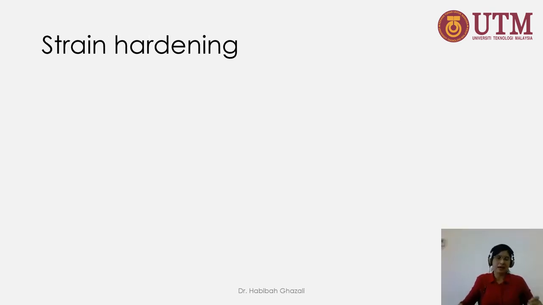And the last mechanism that we're going to discuss in this lecture to strengthen metallic material is strain hardening, or cold working. To explain the strain hardening phenomenon, I will need this metal again.